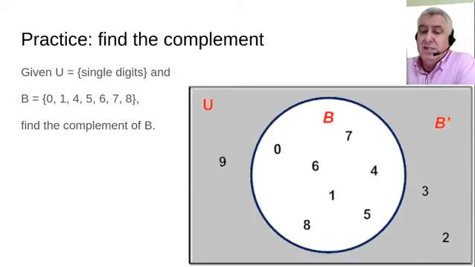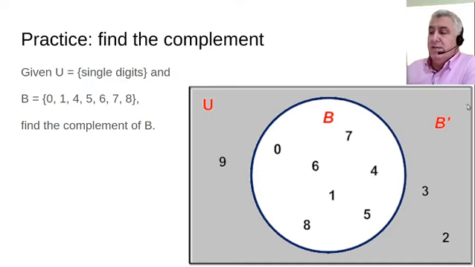So we put all of the digits on, and some of them are inside B, and some of them are outside B. So I want you to go ahead and tell me what the complement of B is, and remember that we write it like this, not B or B not. Okay, so go ahead and try that in the notes.